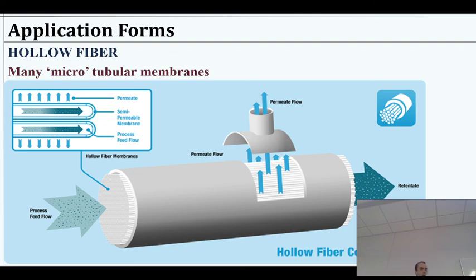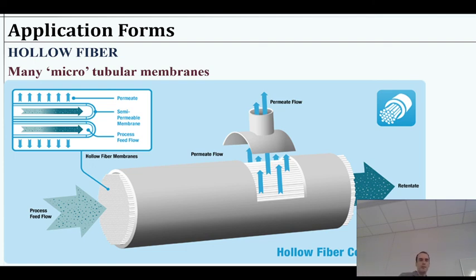So hollow fiber membranes are quite a common way to do it, and you can see the expanded view here. Again, it would just be a matter of potting in between and around all of those tubes to make sure that no water can escape, and you can achieve your pressurization with that in place.